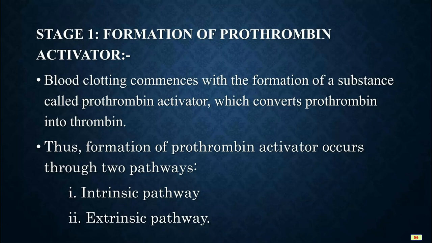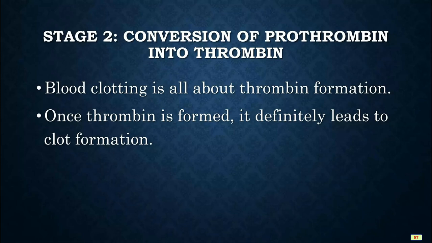Stage 1 is the formation of prothrombin activator by a cascade of events, and this converts prothrombin to thrombin. Formation of the prothrombin activator occurs through two pathways: one is intrinsic, another is extrinsic.